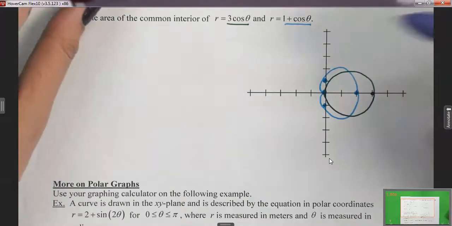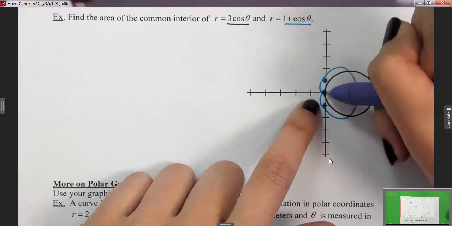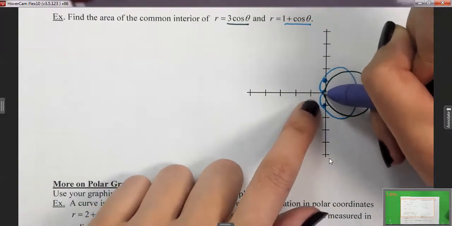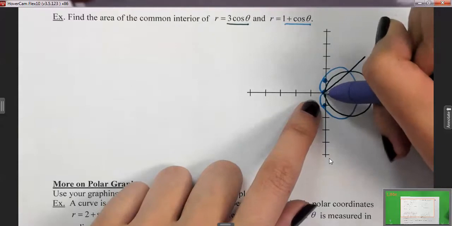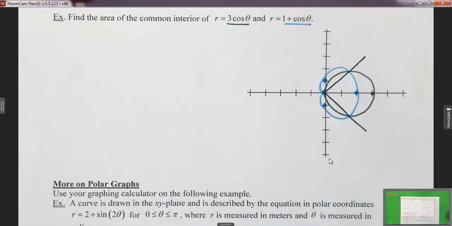Do me a favor and always draw a line from the pole to the intersections of the 2 graphs. It's going to help you later. What are you stuck on? The graphing of the cardioids or drawing the lines out? Oh, I see.